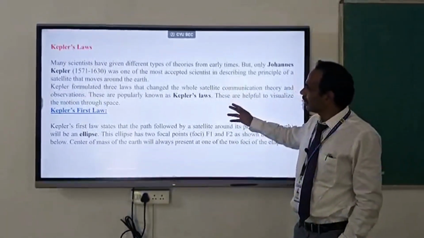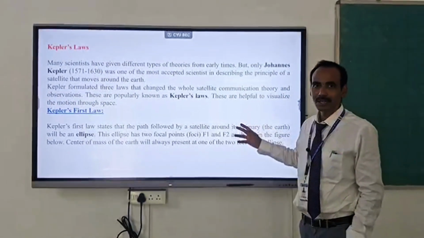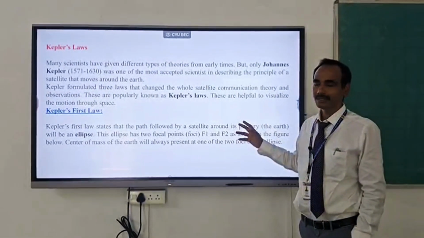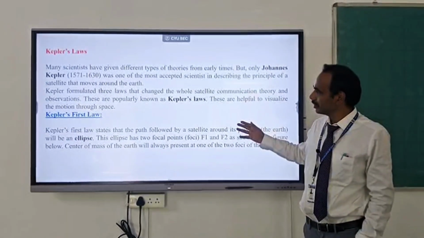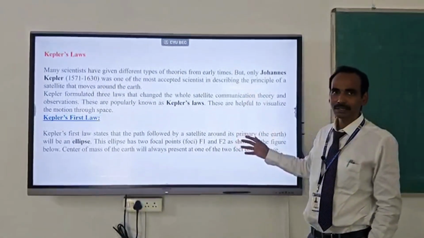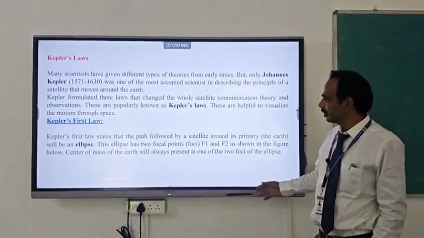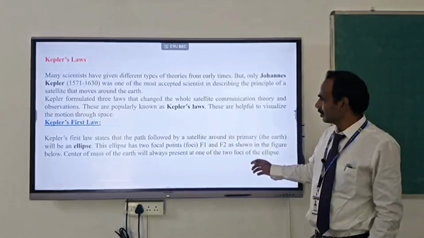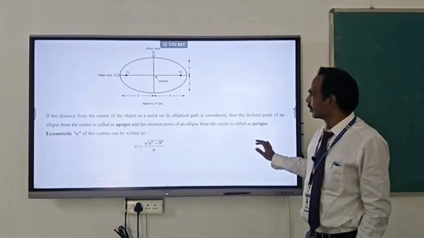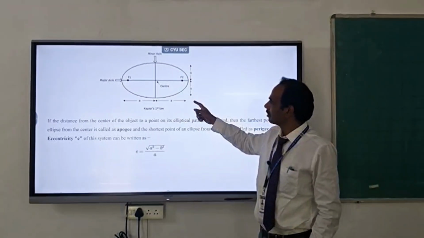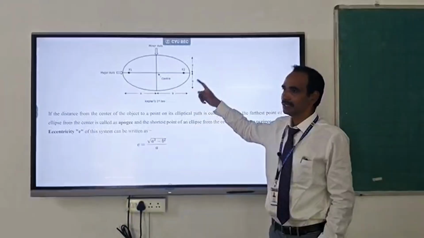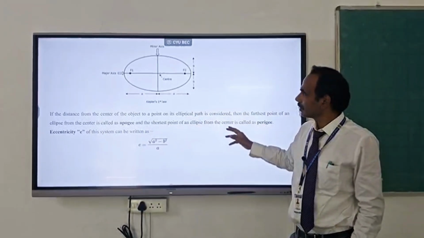Kepler's laws are very important to understand how a satellite is moving in space. Kepler's laws are divided into three types: first law, second law and third law. The first law states that when the satellite is moving in the orbit, it is in the shape of an ellipse.